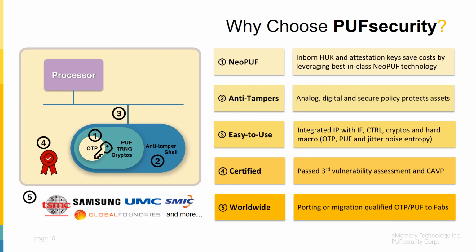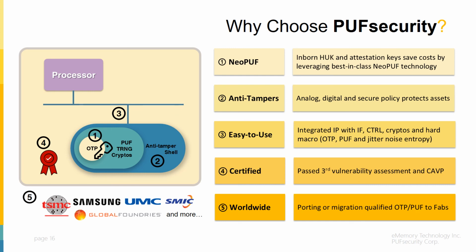Secondly, PUFrt or PUFiot has a comprehensive anti-tamper design, which can resist invasive, semi-invasive, and non-invasive attacks. Third, our solutions already have standard interface, controller, OTP, true random number generators, secure operations, firmware, and API. It's one-stop shopping to get what you want.